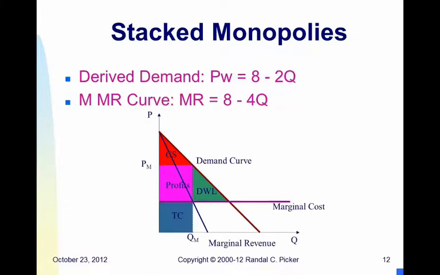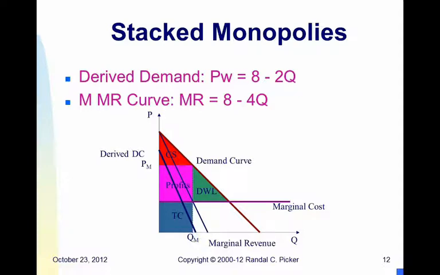Well, what happens there? What's critical is that if we compare our original integrated monopoly situation, that's what I had here, we got this quantity. Now how does that compare to the situation where we have the stacked monopoly? What we need to add to this is the derived demand curve. This is the demand curve faced by the manufacturer from the retailer. That's the demand curve that emerges from the maximization behavior of the retailer facing the wholesale price and its own cost.